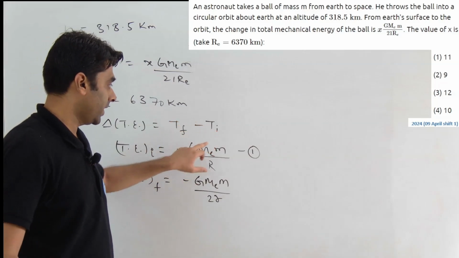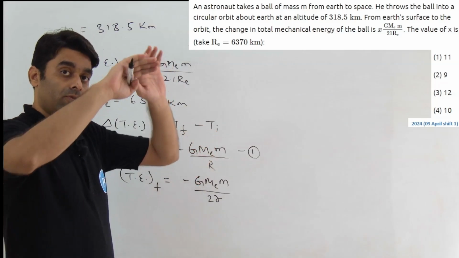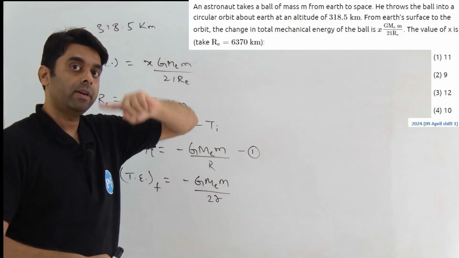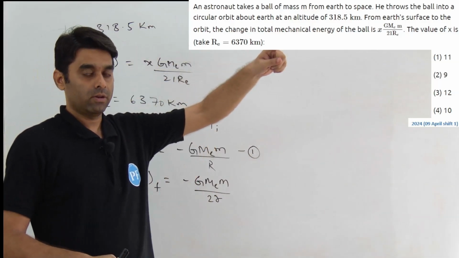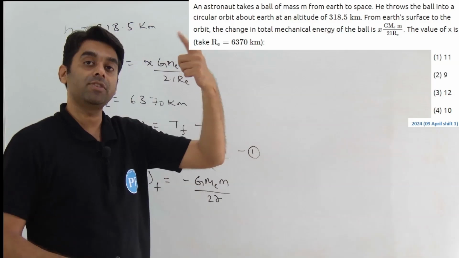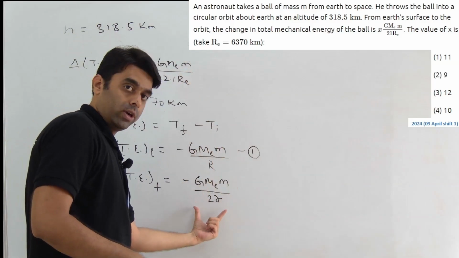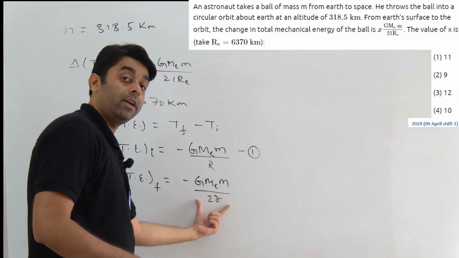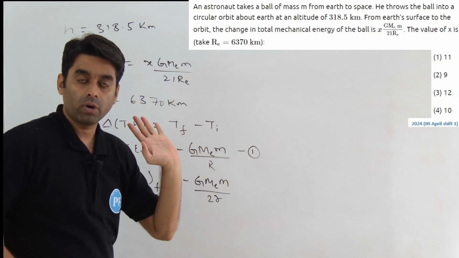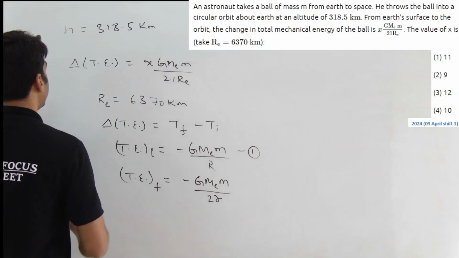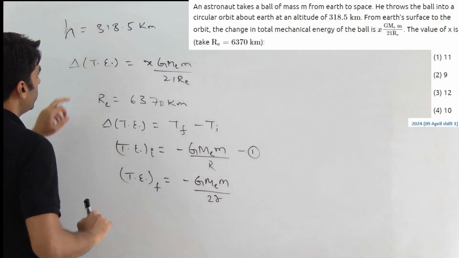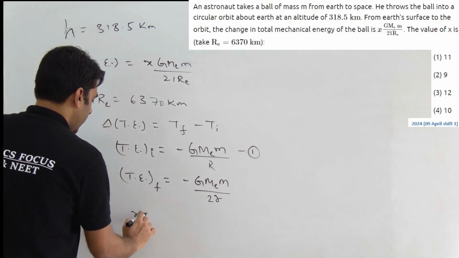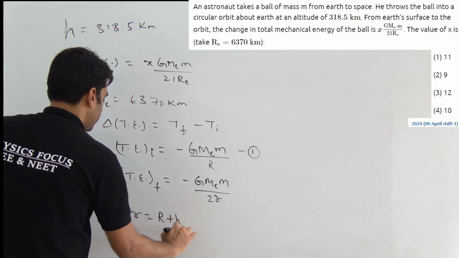Therefore, I have written minus GMEM by R. Whereas in the orbit, it is moving around in the circular orbit, so it will have kinetic energy and potential energy. And the total energy, when kinetic energy and potential energy are there, is minus GMEM by 2 small r. Small r is the orbital radius. How to calculate the orbital radius? They have given us the h value. So orbital radius r will be capital R plus h.